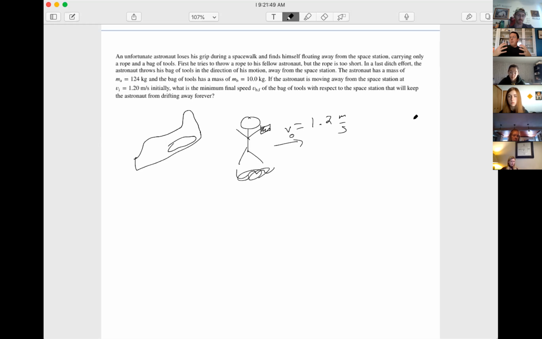So that means you want to bury those interactions between the astronaut and the tools, put that inside the system. So that's got to all be internal stuff so that it never contributes to the impulse. Any guess as to how we would want to define the system then, so that you never need to know details of what goes on between the tool and the astronaut?